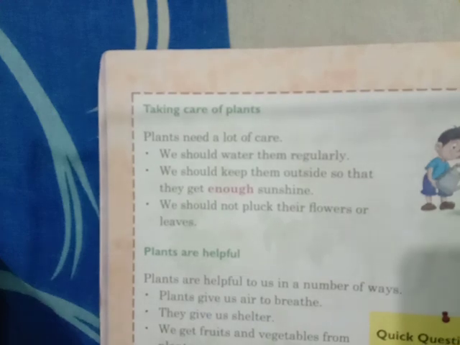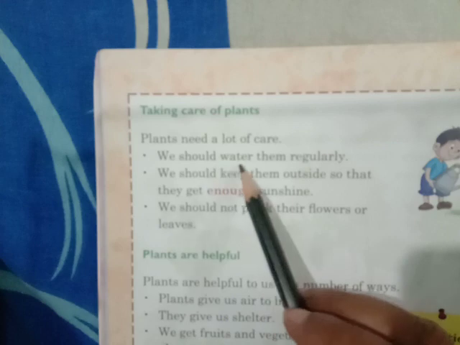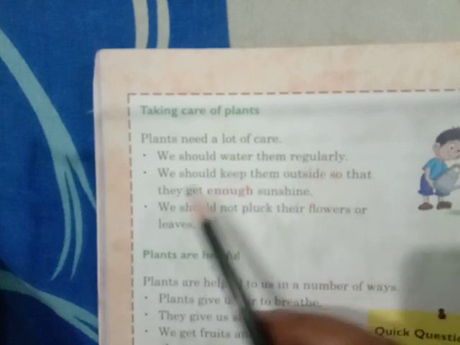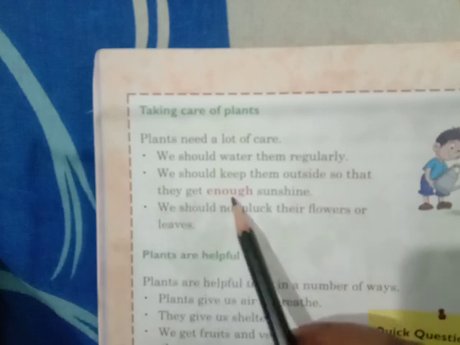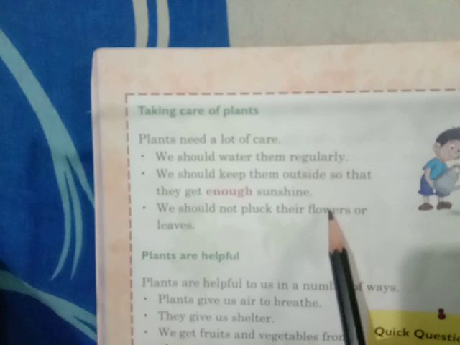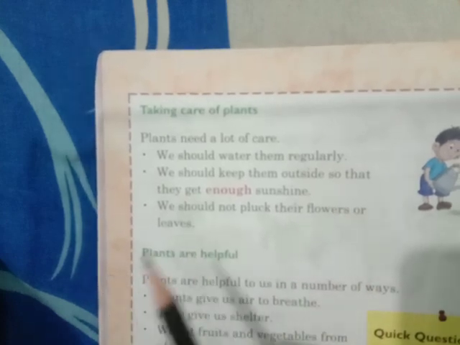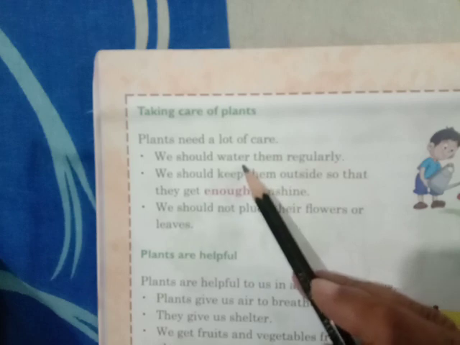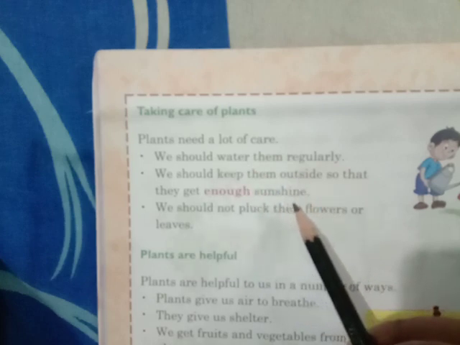Taking care of plants. Plants need a lot of care. We should water them regularly. We should keep them outside so that they get enough sunshine. We should not pluck their flowers or leaves. Now children, as a plant needs water, it also needs a little bit of sunshine.